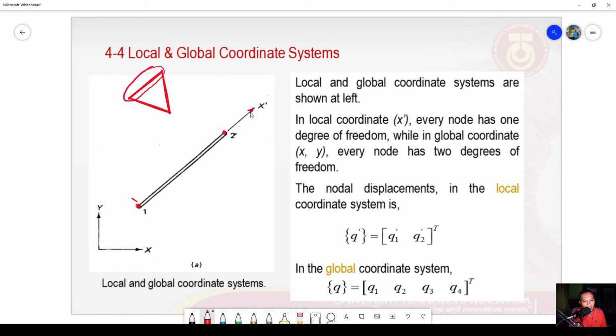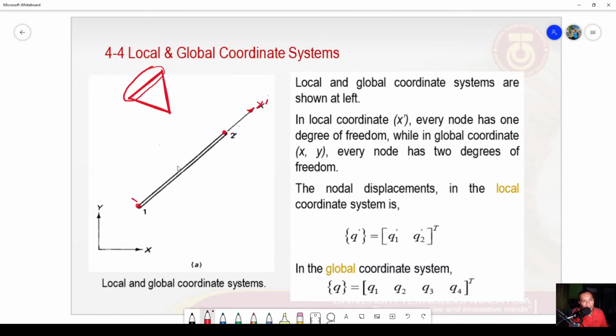And as shown in this slide here, it starts from node number 1 along these members, and we can call this axis the local axis, and it's given by x prime.